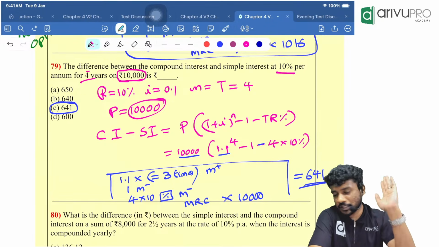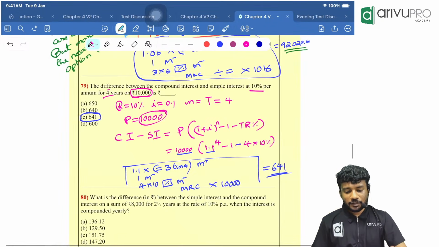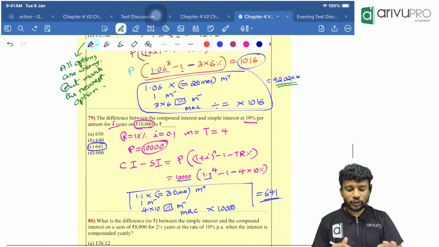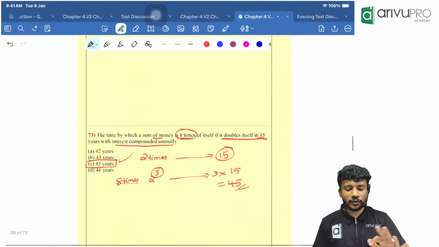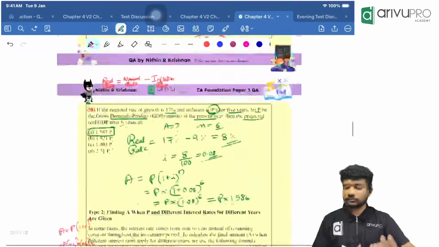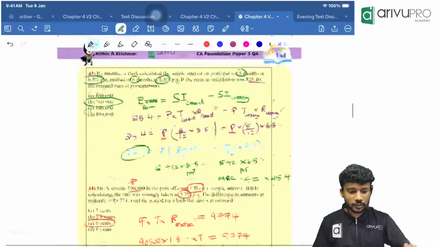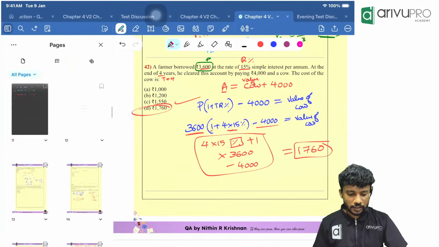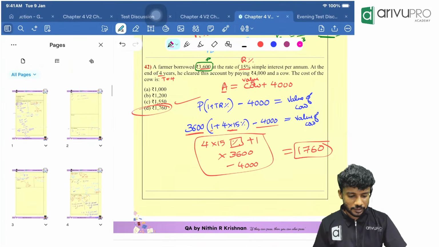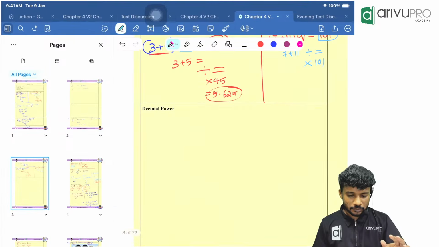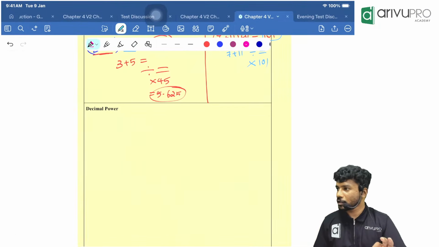Yes. With that, I'm going to teach you another calculation trick. I'll go to the first page. Decimal power.